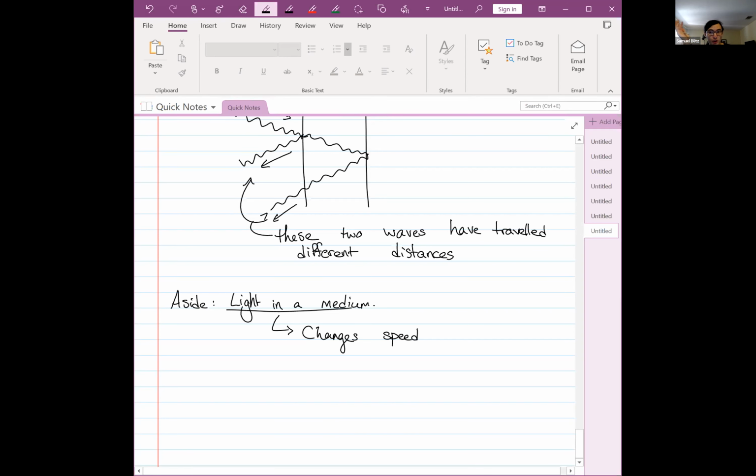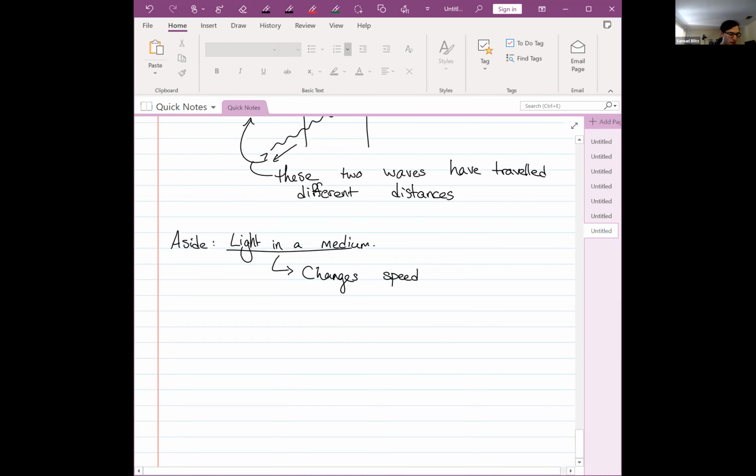Now, just to be clear, there are no media that increase the speed of light, only decrease the speed of light in that medium. So for light, the change of speed is controlled by a particular number that is a characteristic of that medium. It's controlled by the index of refraction.